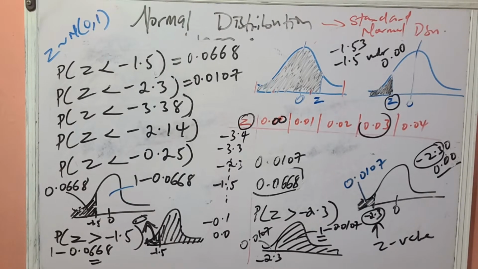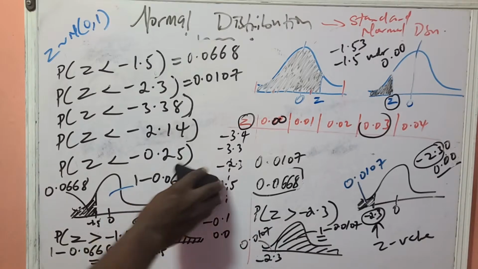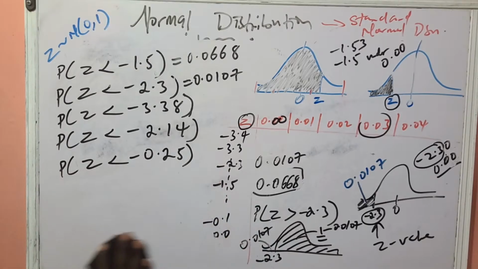So the task ahead of you now is to solve for probability of z less than minus 3.38. I'm going to be doing it here. I would love you to make your attempt also.